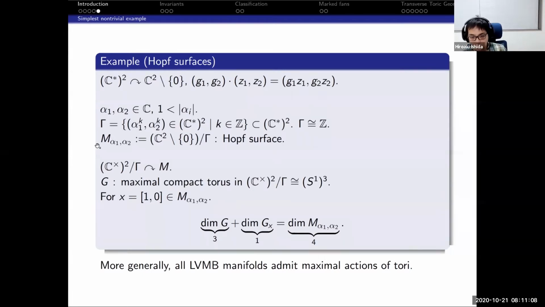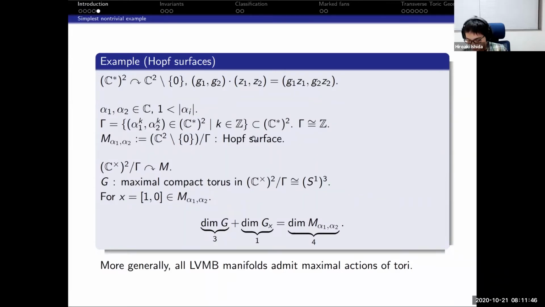And let's take complex numbers alpha 1, alpha 2 whose absolute values are greater than 1, and consider the subgroup of C star squared generated by alpha 1, alpha 2. So gamma is isomorphic to the infinite cyclic group as groups. And the quotient space is called the Hopf surface.